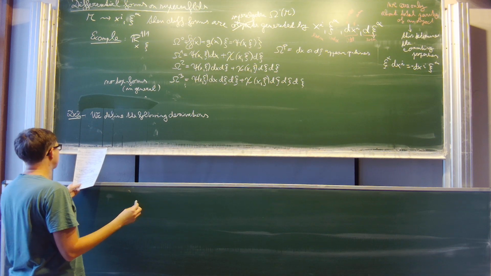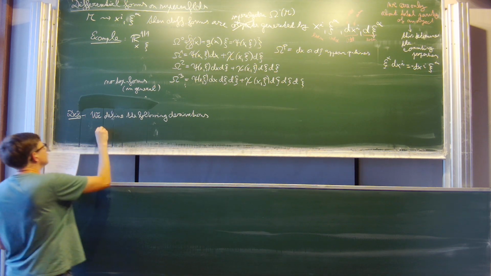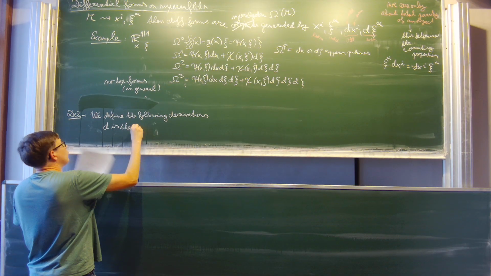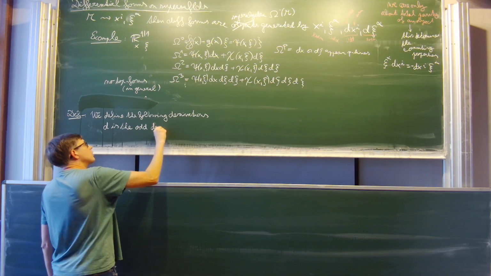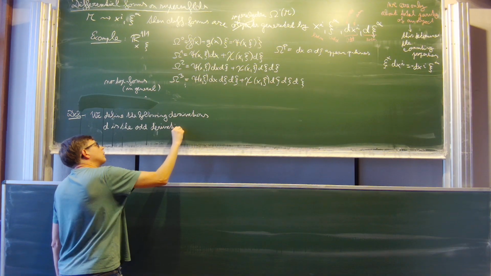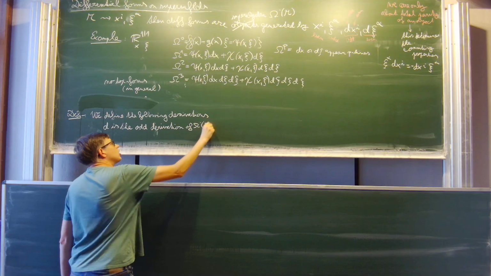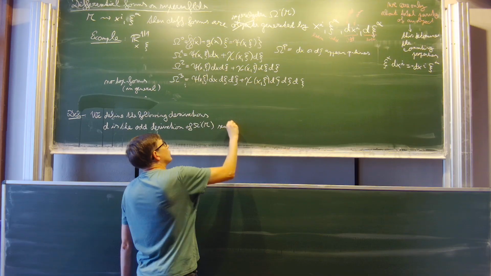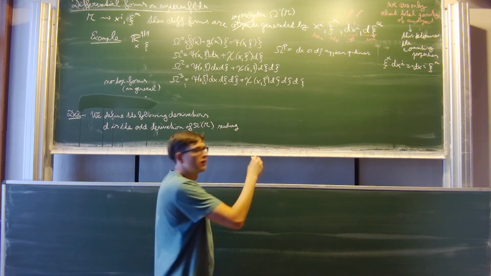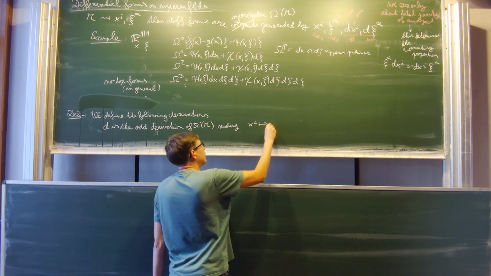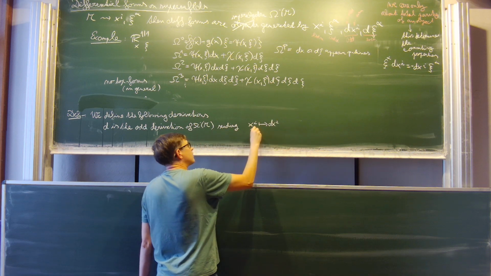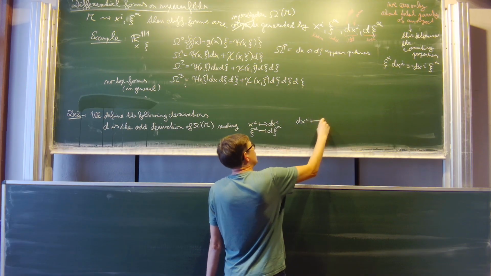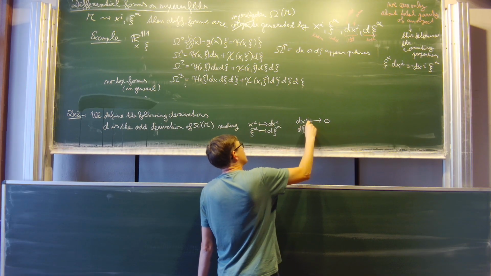So first of all, we define D. D is the odd derivation of omega, and now prepare to be amazed. It sends x to dx, xi to dxi, and it sends dx to 0, dxi to 0.